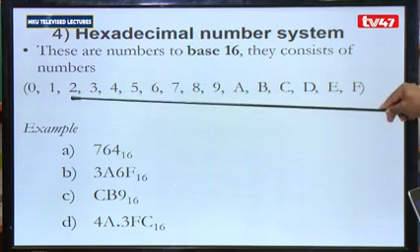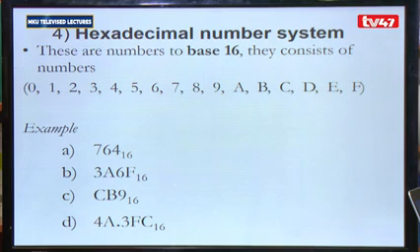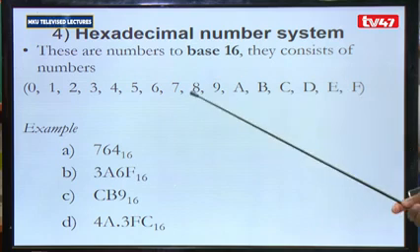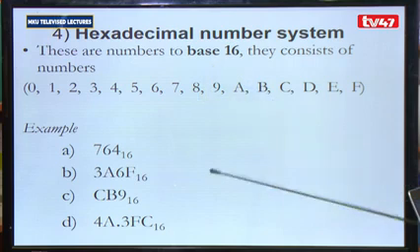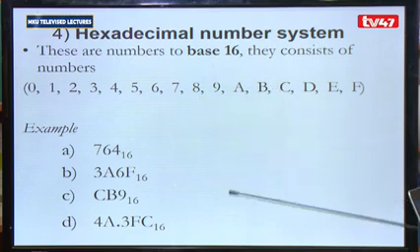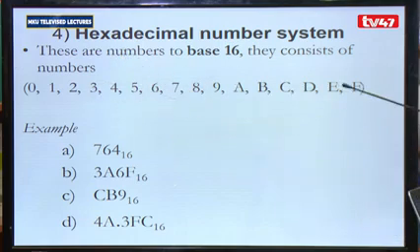Any combination of numbers formed out of these values qualifies to be a hexadecimal number, so long as it is under base 16. So you can form 8AB base 16, ABCD base 16, CB9 base 16. Any combination of these 16 values, so long as it is under base 16, is a hexadecimal number.